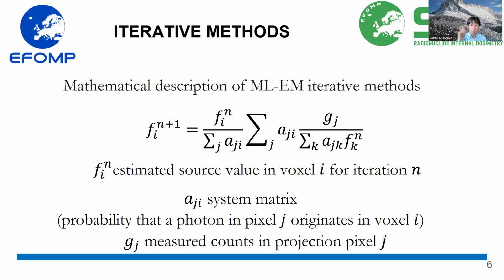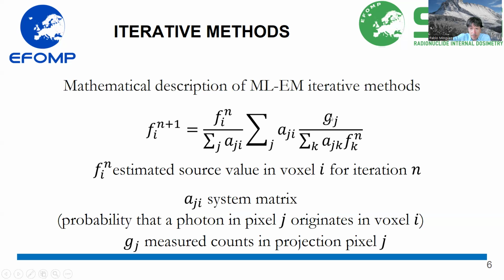Here we can see a mathematical description of this ML-EM method, where F is the estimated source value in one voxel for one iteration. Then we have the system matrix, which represents the probability that a photon in a pixel originates in a given voxel.